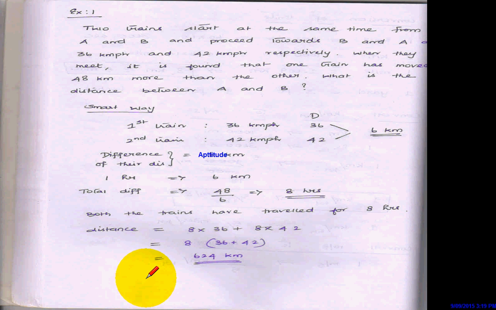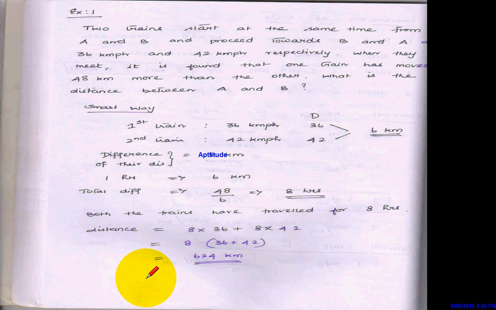It happens because the speed varies, isn't it? The train which travels at higher speed covers more distance than the train which travels at a lower speed. So somehow the trains are meeting at one point, and the speed of one train is greater than the other, right? Now we are supposed to calculate the distance between these two stations, A and B.